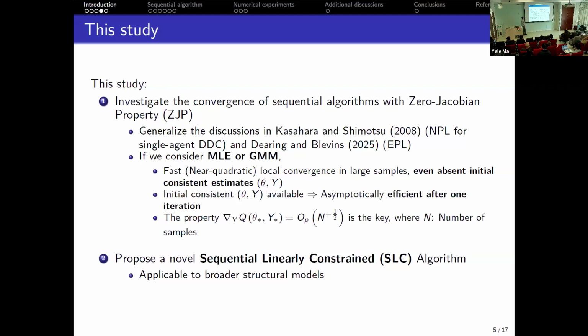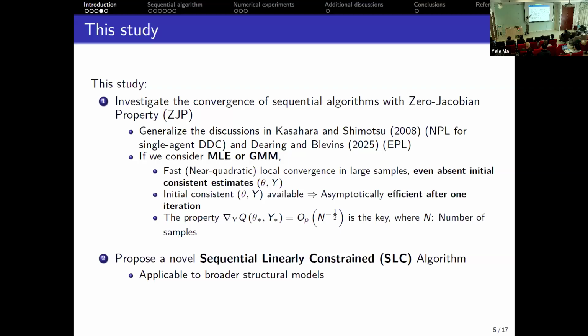And I show that if we consider MLE or GMM, then first we show near quadratic local convergence in large sample, even when initial consistent estimate of theta and y is not available. And if initial consistent theta and y is available, then we can obtain asymptotically efficient estimator even after one iteration.